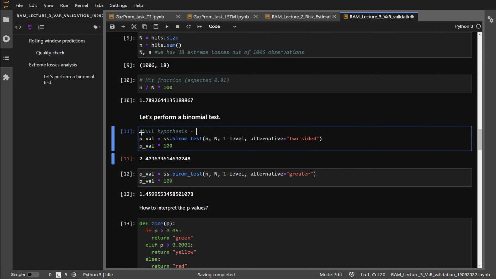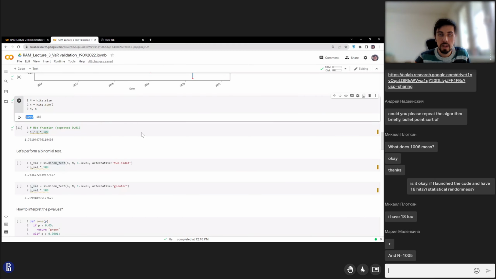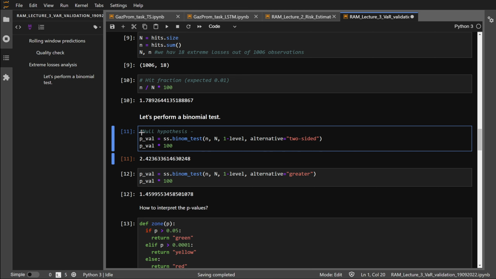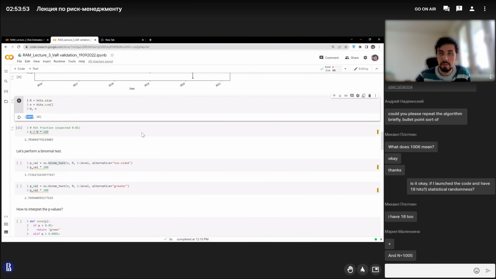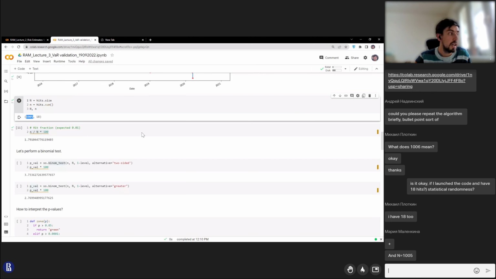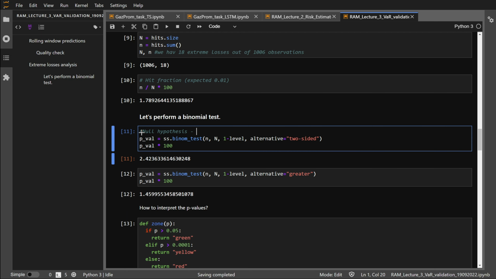So, for example, if I have 1005 observations, or I can call them 1005 Bernoulli experiments, like tossing a coin, where the probability of getting tail is 1%, for example, and it represents the probability of VAR getting hit.